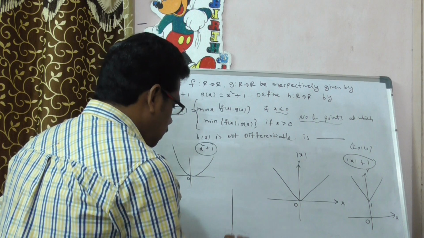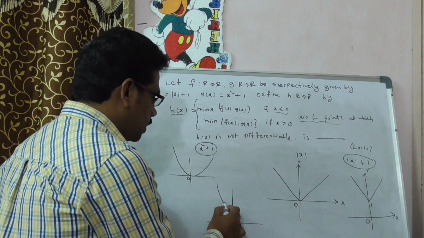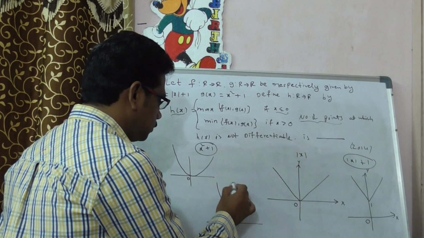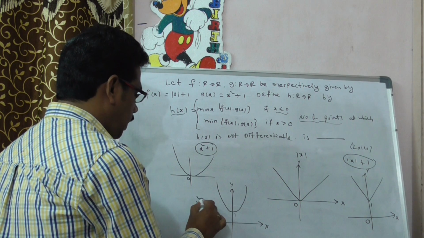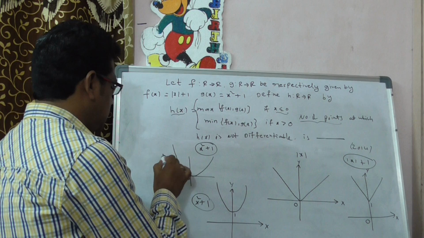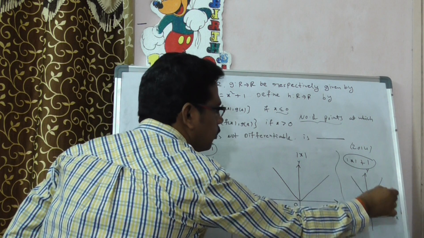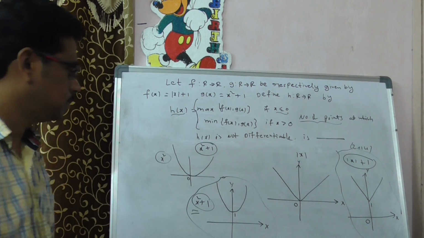Move the graph upwards along the y-axis, plot at 1. This is the x square plus 1 graph. This is the basic x square. Using this x square plus 1 graph, and this mod x plus 1 graph, we have mod x plus 1 and x square plus 1.